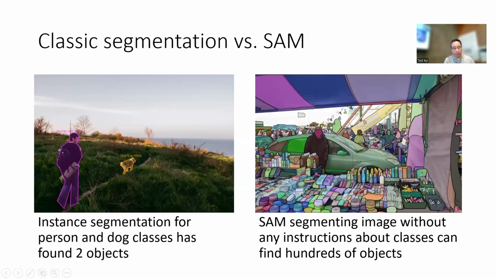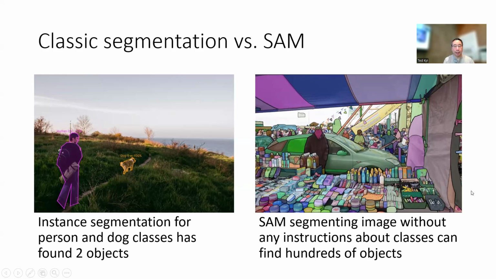So here's just a visual example of the difference between classic old-fashioned computer vision segmentation. Here's an image, and I say person, dogs, and cars, and you just get 2 masks. There's an outline just so it's easier for you to see, but every single pixel inside the purple outline is part of that one object, and every one of the yellow pixels is an object.